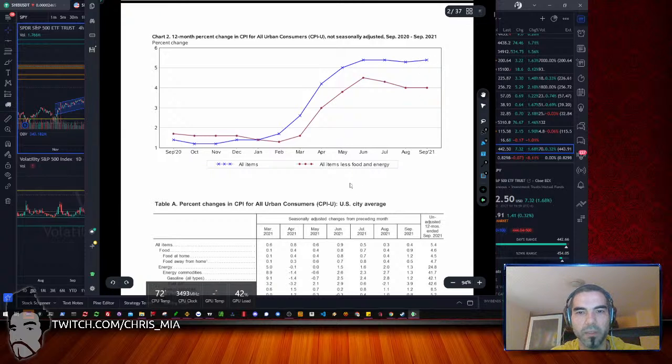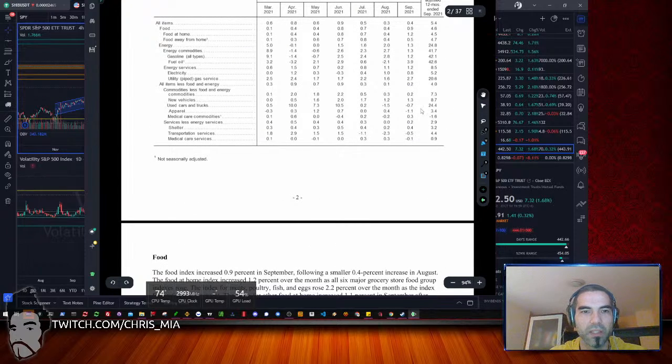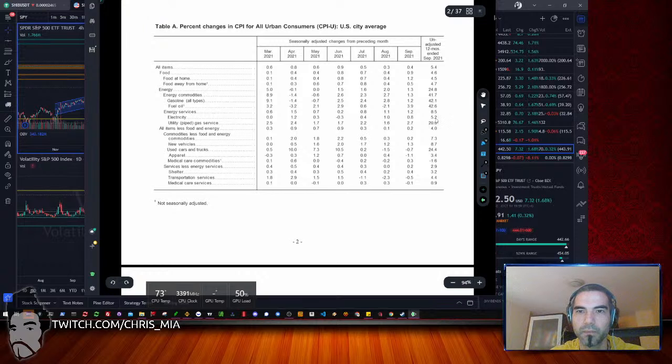So energy is definitely the difference here. All items, boom, going up. All items less food and energy. Food and energy basically drops it down, but food and energy is one of the survival things, right? So food and energy actually being inflated is a very bad thing. So that's the overall. There's positives everywhere in our inflationary process.